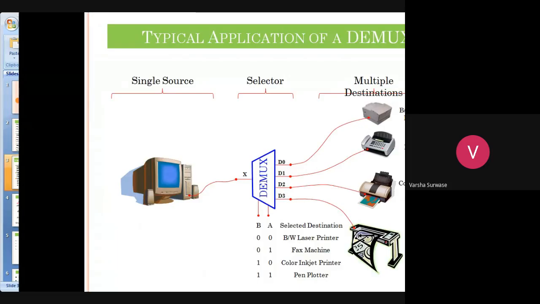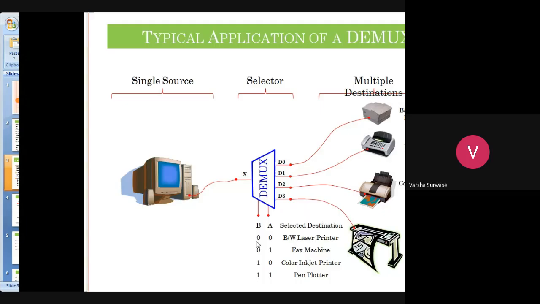See the application for this. The demux has only one input. These are the select lines. When 00 is there, you will get the black and white laser printer. When 01 is there, the fax machine will be connected. When 10 is there, data will be sent to the printer.